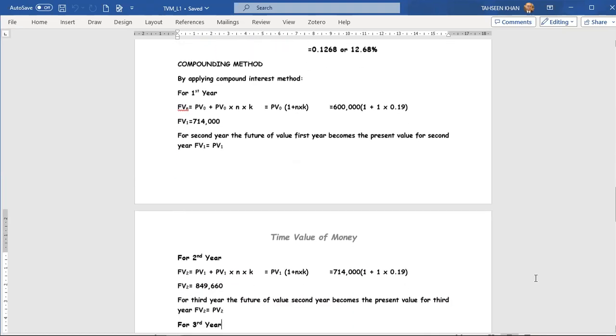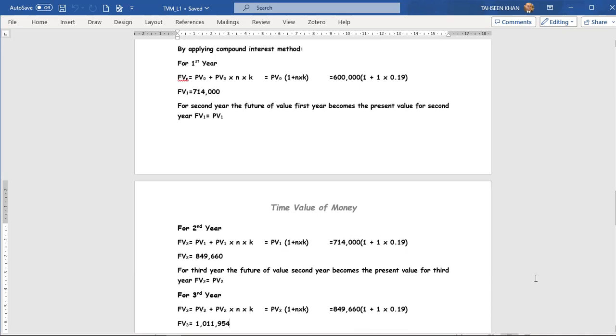Therefore, for the second year, the formula comes to FV2 equal to PV1 (1 plus N multiplied by K). The answer comes to 849,660. Here FV2 becomes the present value for the third year. For the third year, it comes to 1,011,954.